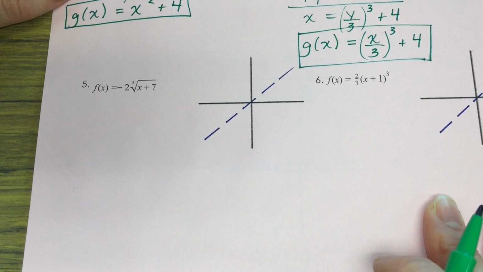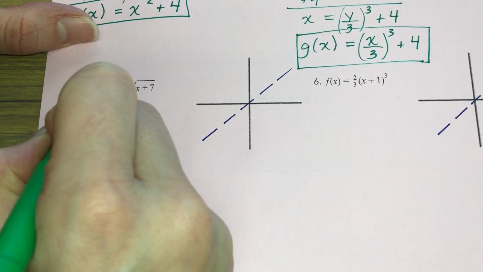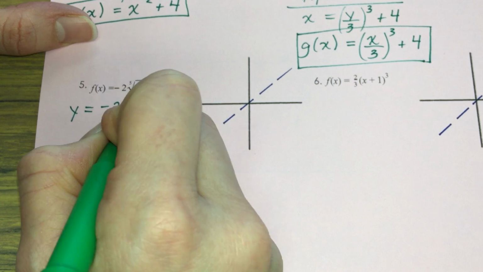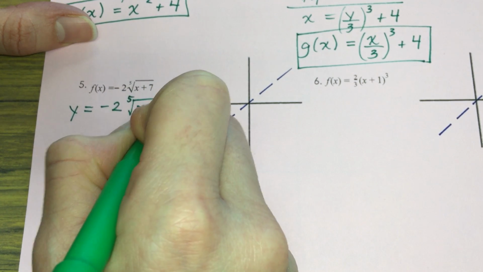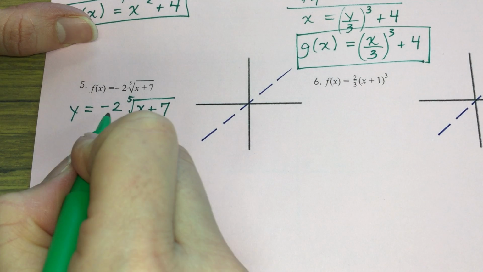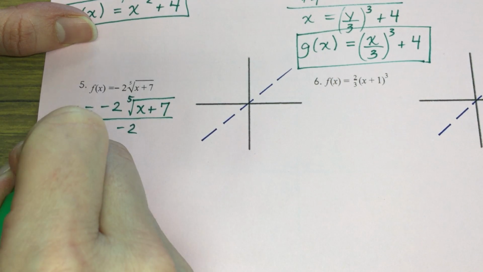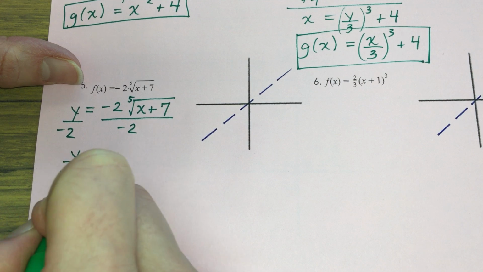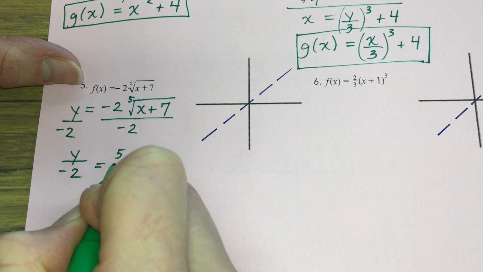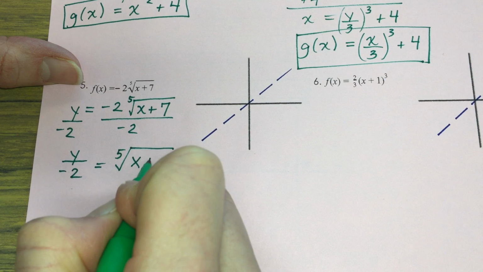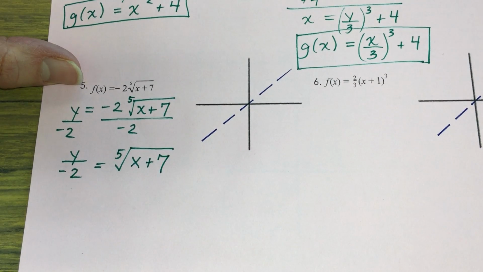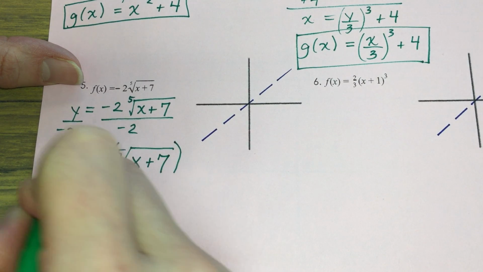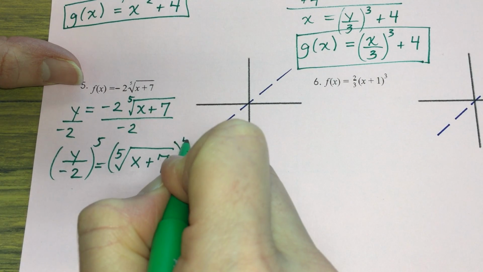Number 5. I'll remember this time, right? Y equals first. Divide by -2 each side. Undo that, undo the fifth root by raising each side to the fifth power.